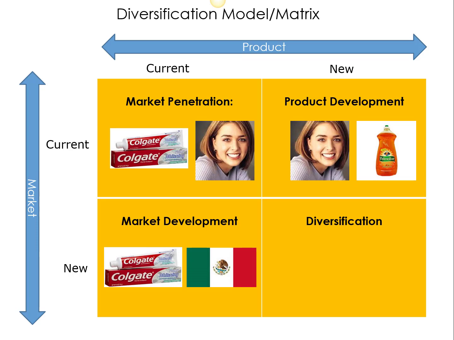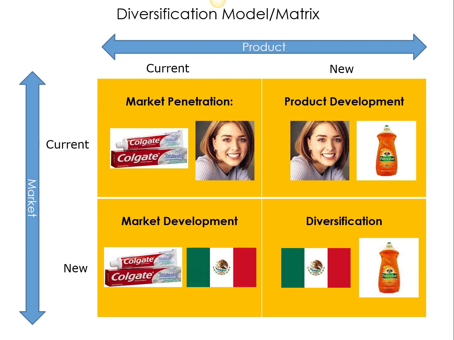So according to the matrix we have right now, the new market we have is Mexico. And the new product we have is Palmolive. So Colgate, as a diversification strategy, could absolutely sell Palmolive in Mexico to sort of hedge their bets against anything happening. And that's truly what diversification is all about.